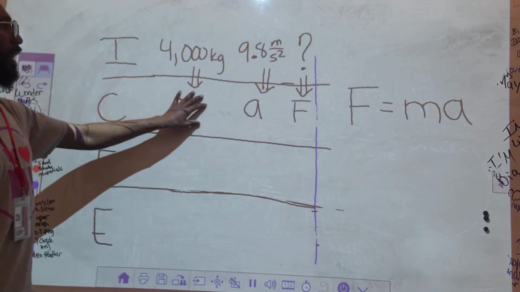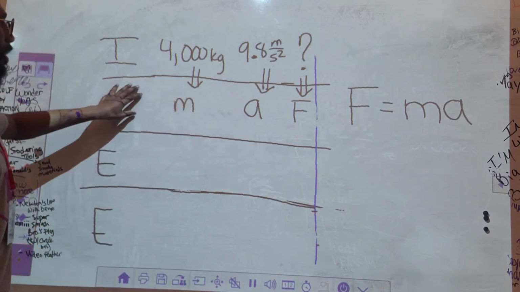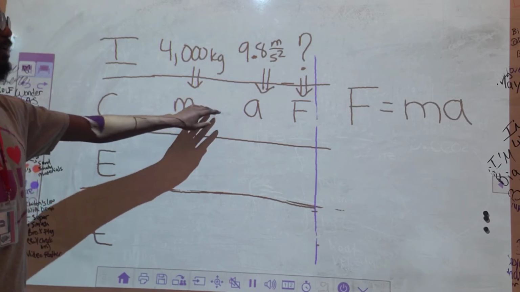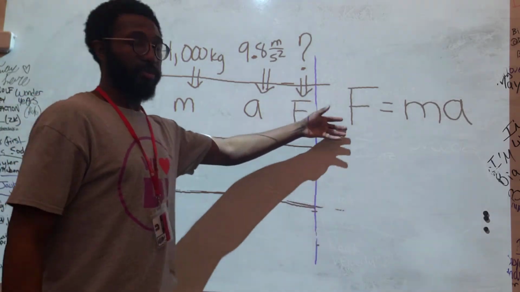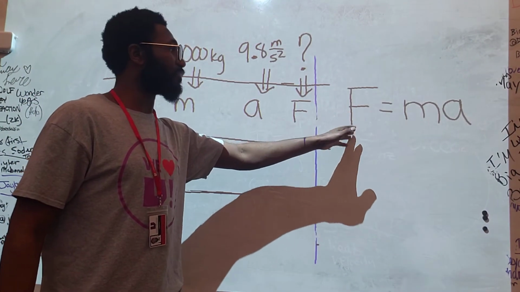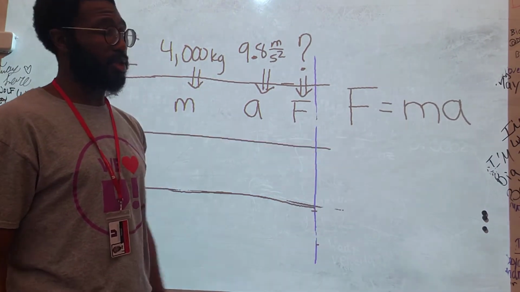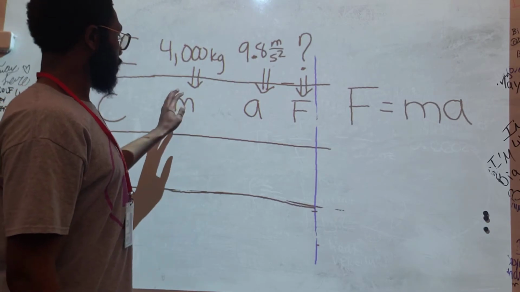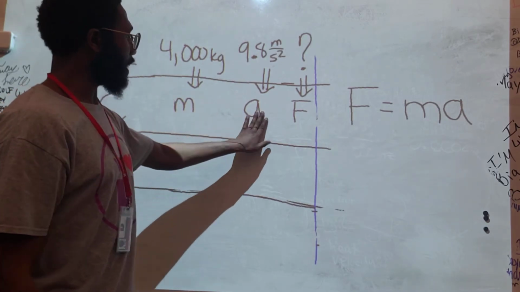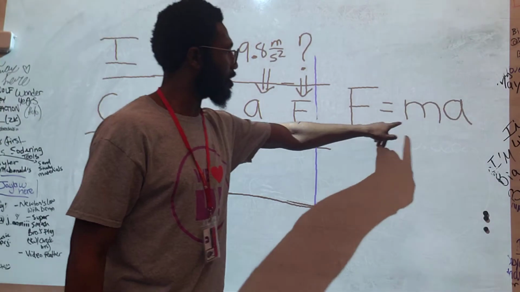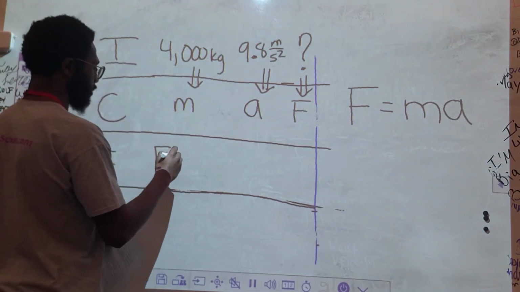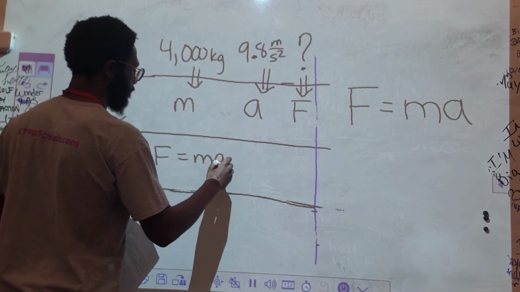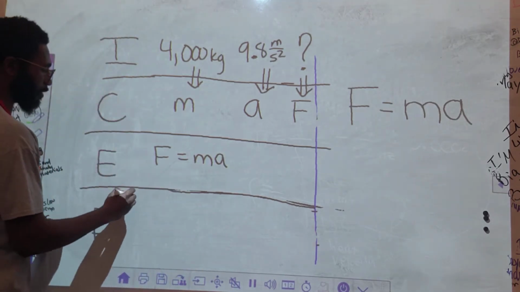Now we've finished our categorization step. We've got all the symbols that we need, so we choose an equation that has all these symbols. In this video we're only using one equation, but just to check, we need to have M, A, and F. We've got M, A, and F, so that's the equation. We write force equals mass times acceleration, and now we plug in our numbers.